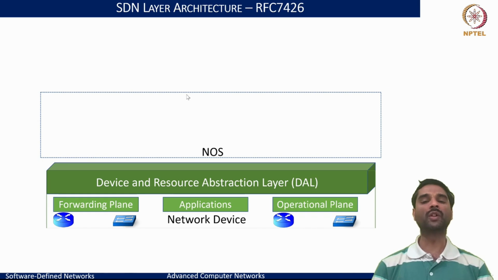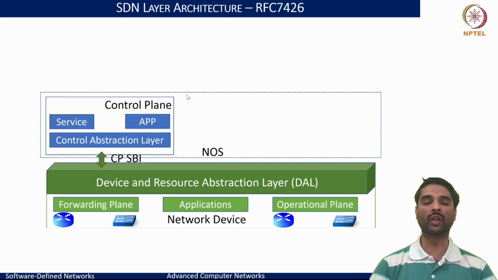And now this SDN controller would constitute two key components. One is the control plane, which is responsible to communicate with the forwarding plane or the data plane of the device and essentially ensure all the configurations of the flow rules that would affect the way the data packets would be forwarded on this device.